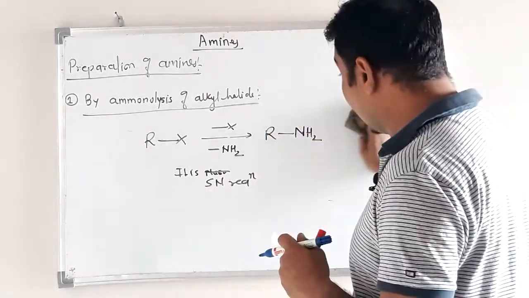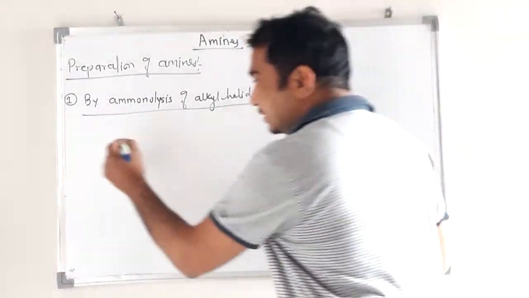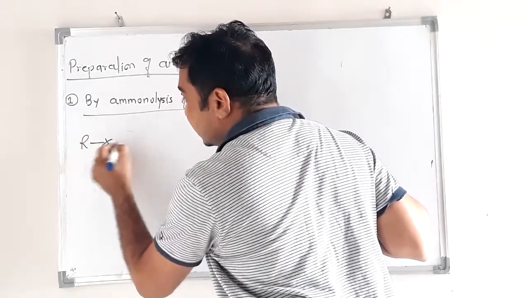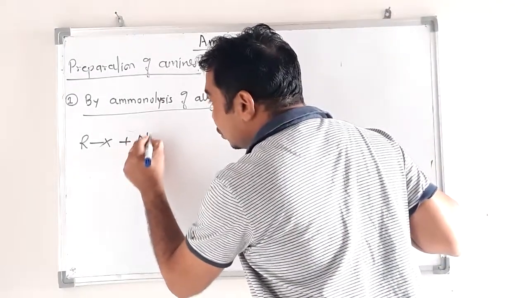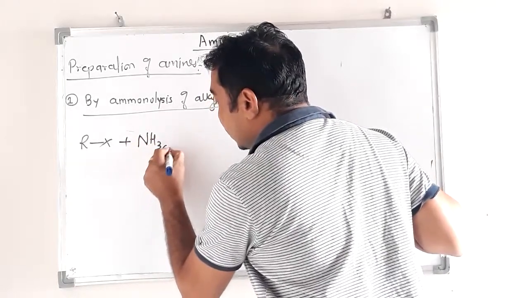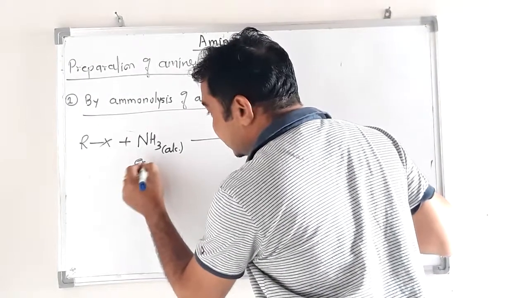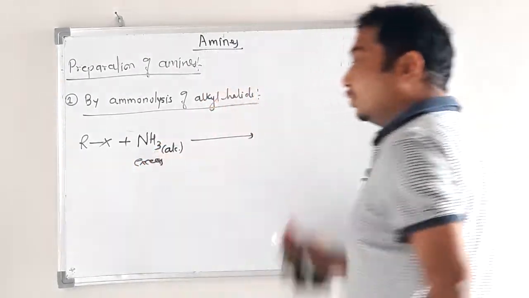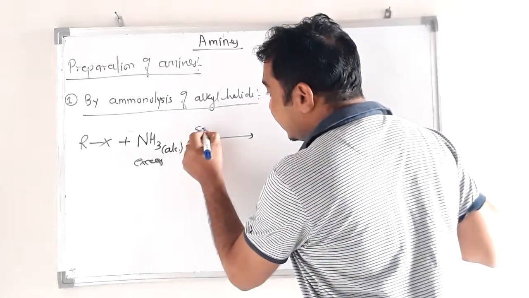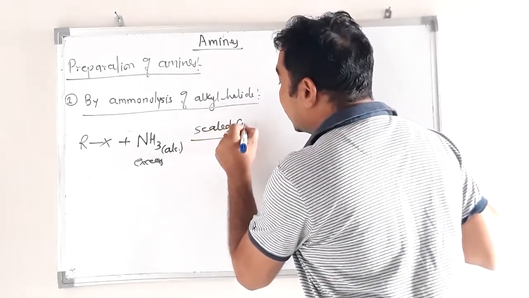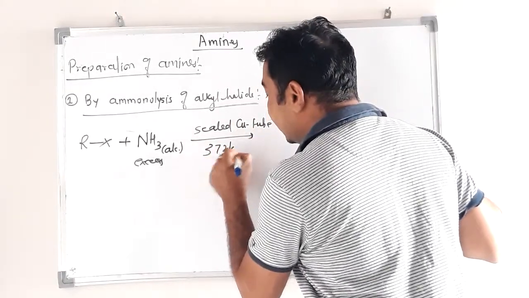Now what we have to do in this reaction? See, in this reaction this alkyl halide RX is heated with excess alcoholic solution of ammonia, that is NH3, in a sealed copper tube at 373 Kelvin temperature.